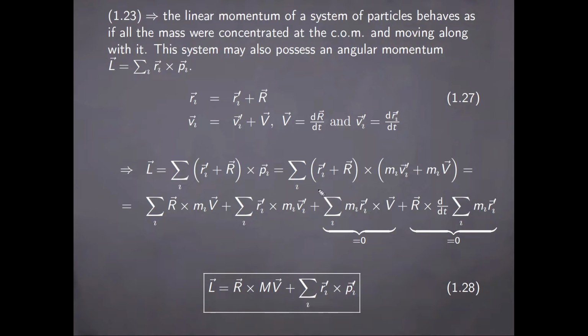The reason why they vanish is because they both contain the following sum over the radius vectors relative to the center of mass and weighted by the mass of the particles. So what these sums define is the radius of the center of mass in a reference frame where the center of mass is at the origin, and as such they add up to 0.